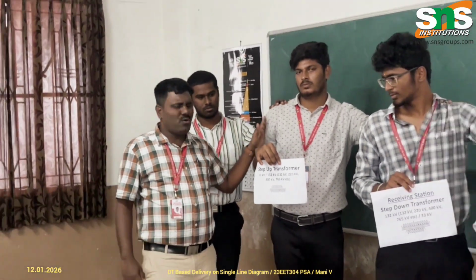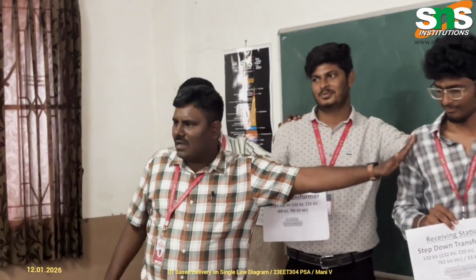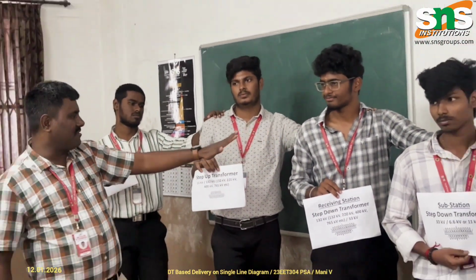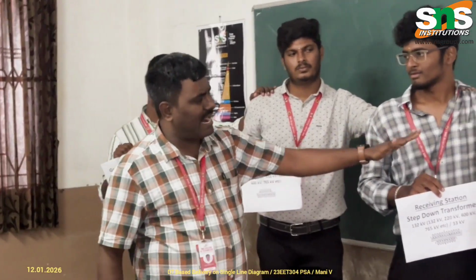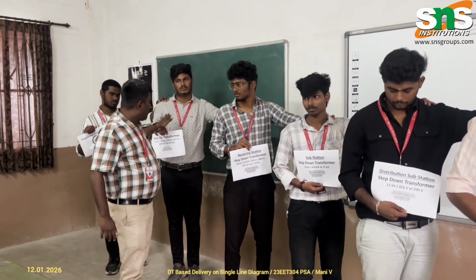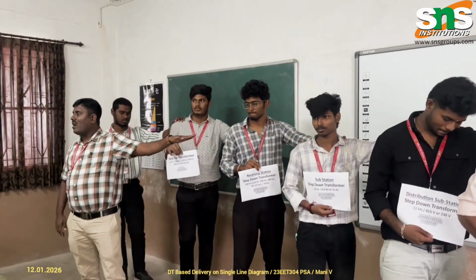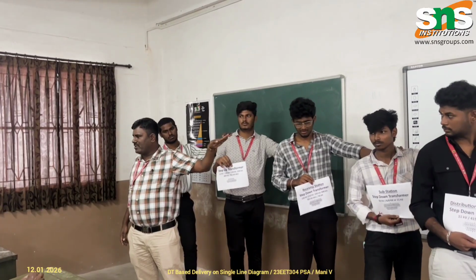Now the stepped up voltage is given to the substation, that is, the receiving station. This transmission is called primary transmission, and this one is called secondary transmission. The primary and secondary transmission involve extra high voltages or ultra high voltage levels.